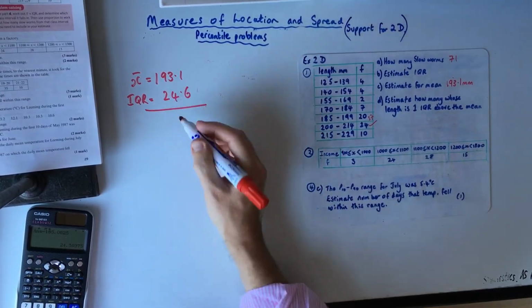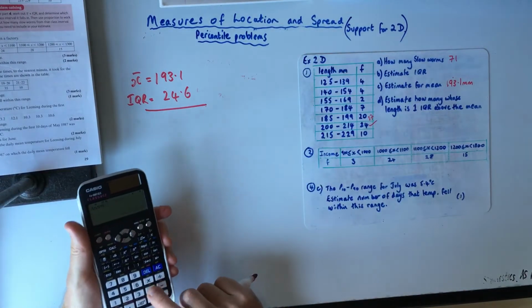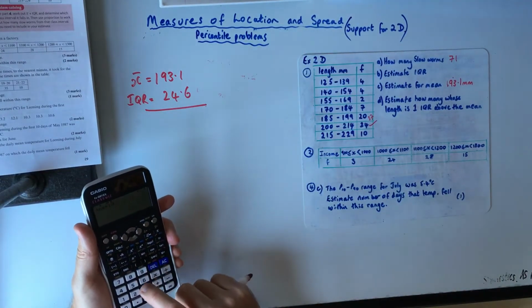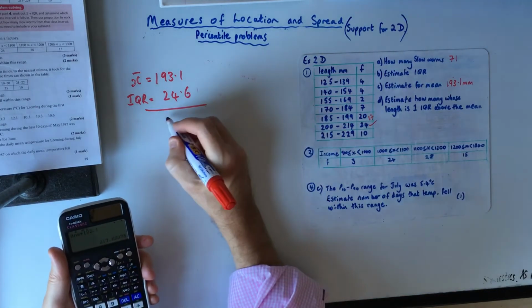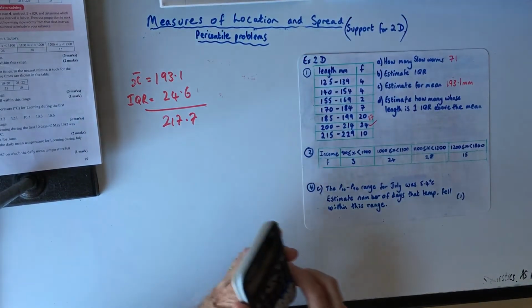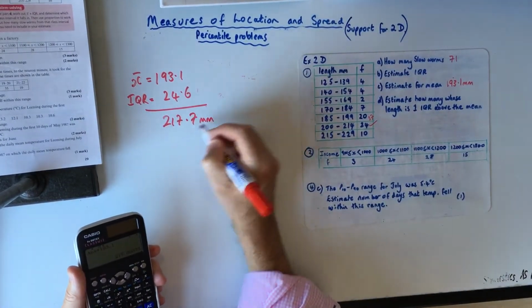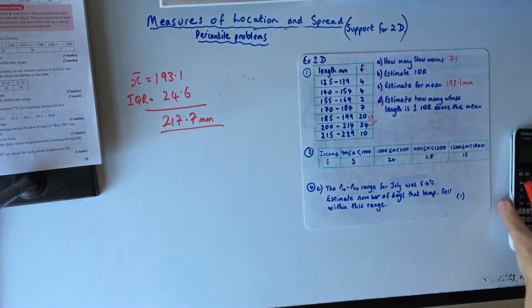So we've got to add those two together. So that's the mean plus one interquartile range. So plus 193.1. So that is 217.7.